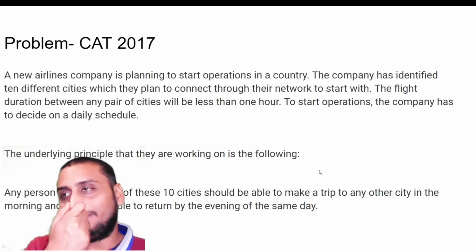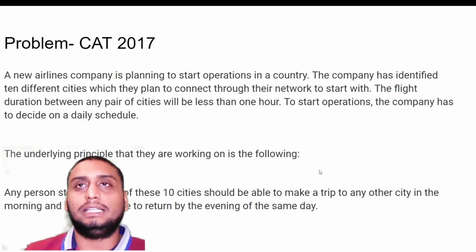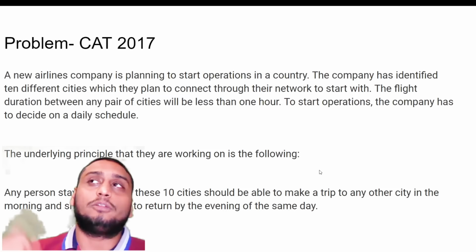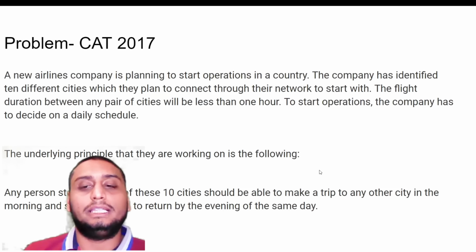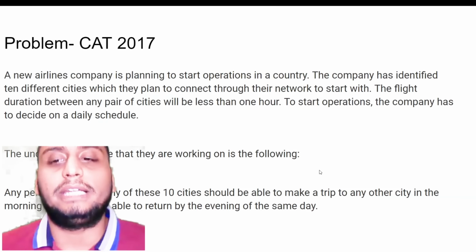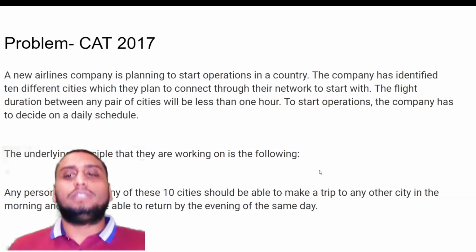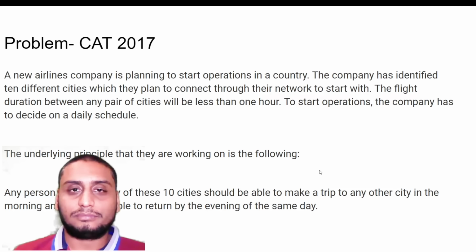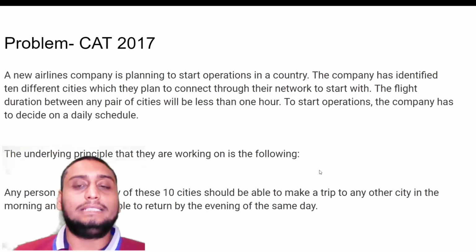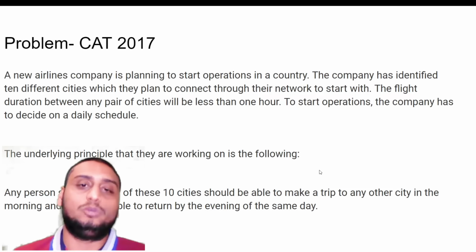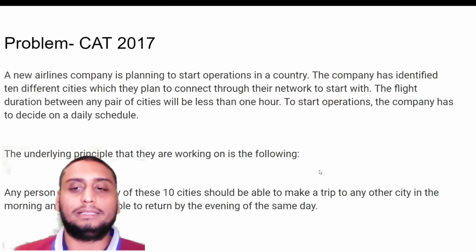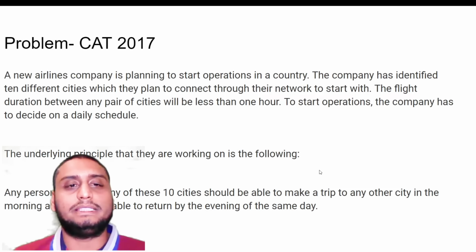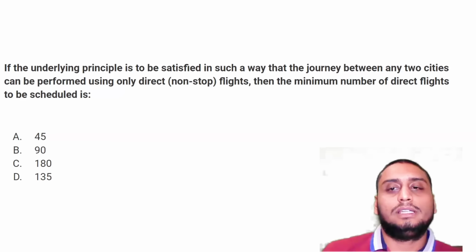Let's say he can travel to his office in another city in the morning and come back from that city to his own city in the evening. That is the only criterion. So there should be at least one flight from every city to another city, and a second flight in the evening from the city where you have your office, so you can come back. That is the only condition. Otherwise, there is nothing special.